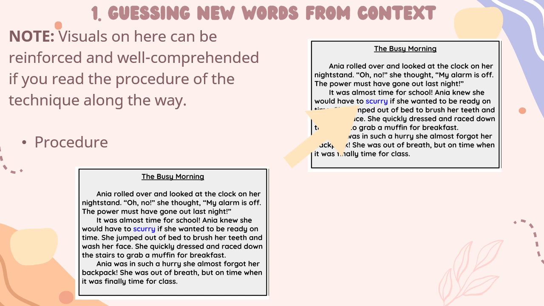In this case, they may recognize that the word comes after the preposition to, so the word scurry should be a verb. Then, after recognizing the part of speech of that word, they can try and guess the meaning of that unknown word.